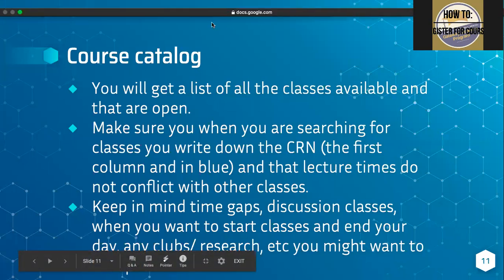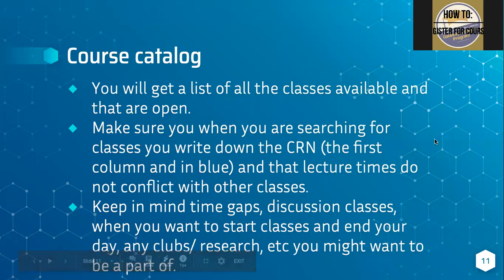So keep in mind time gaps, discussion classes, when you want to start classes and end your day, and clubs, research, etc. If you know, for example, that you work at night or during the evening, you want to take morning classes only, so be mindful of the time frames and write them down.